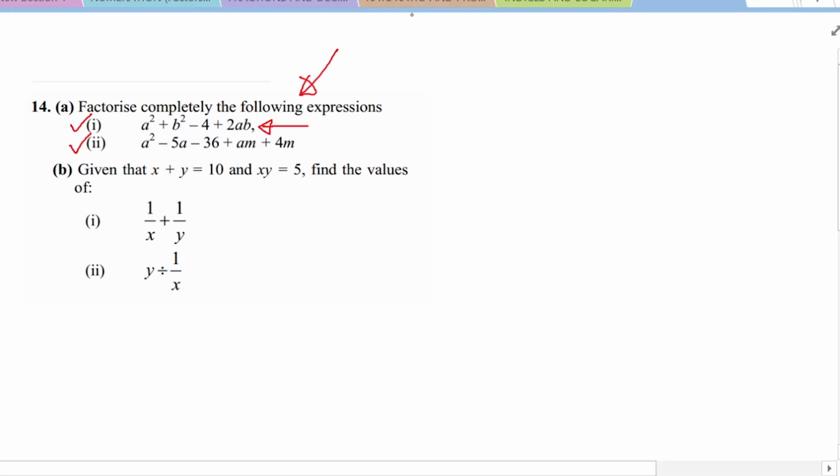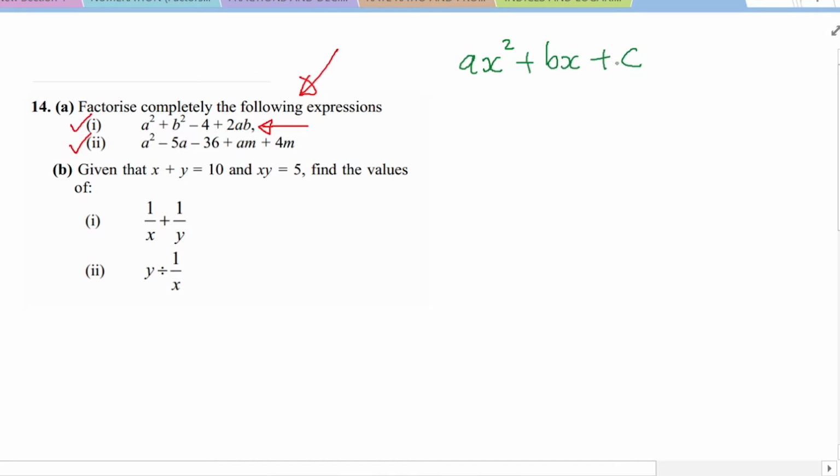So let me do the first one. Now we all know from our classroom, when they were introducing this topic, that the general formula for a quadratic expression is ax squared plus bx plus c.